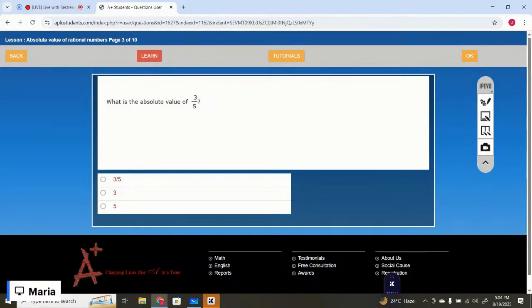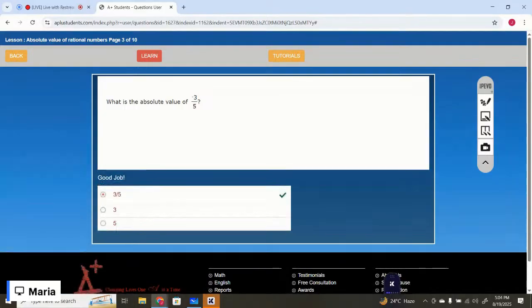What is the absolute value of negative 3.5? Negative values, absolute values are always the positive values. So the absolute value of negative 3.5 is 3.5. Option number 1 is the correct option.